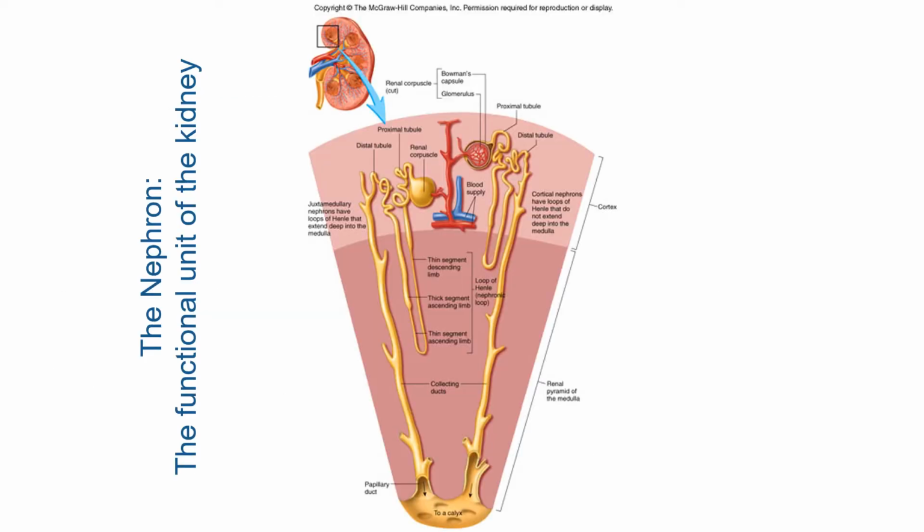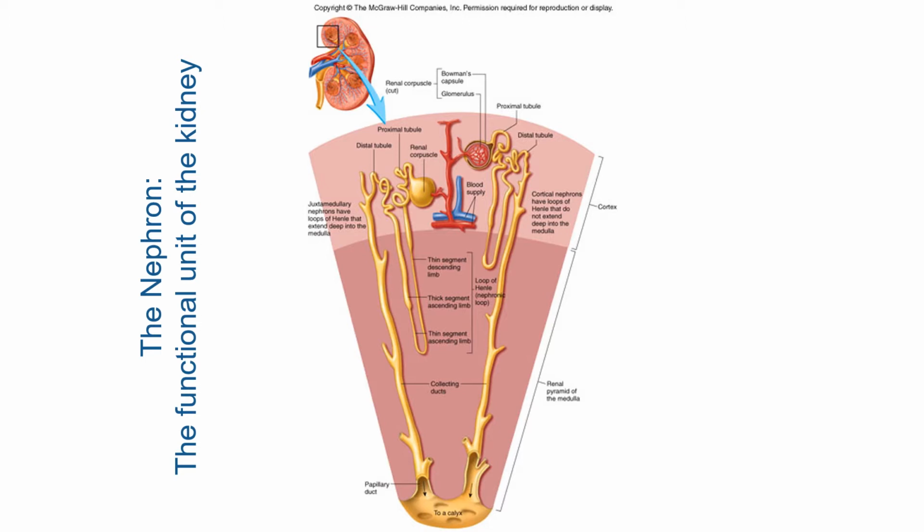Here it shows you the nephron, which is the functional unit of your kidney. A nephron consists of the renal corpuscle, this side. And then it also has a proximal convoluted tubule and a loop of Henle. As you see, the loop of Henle has different segments as well.